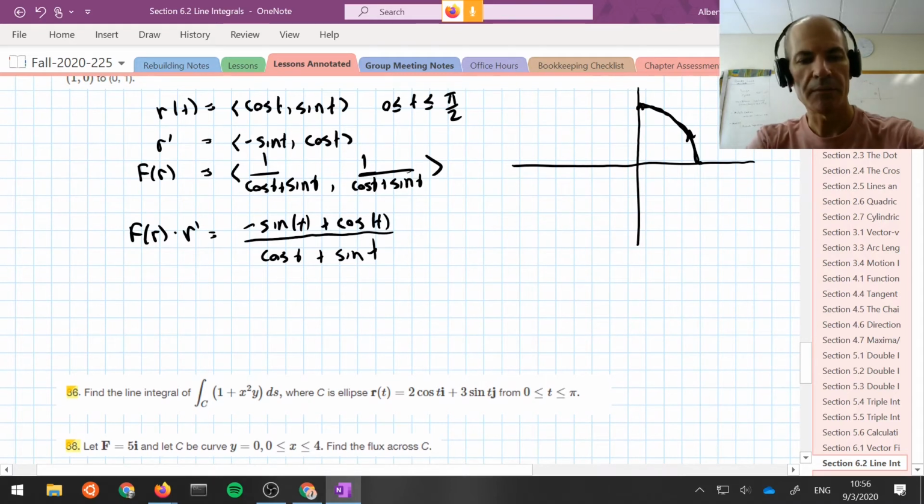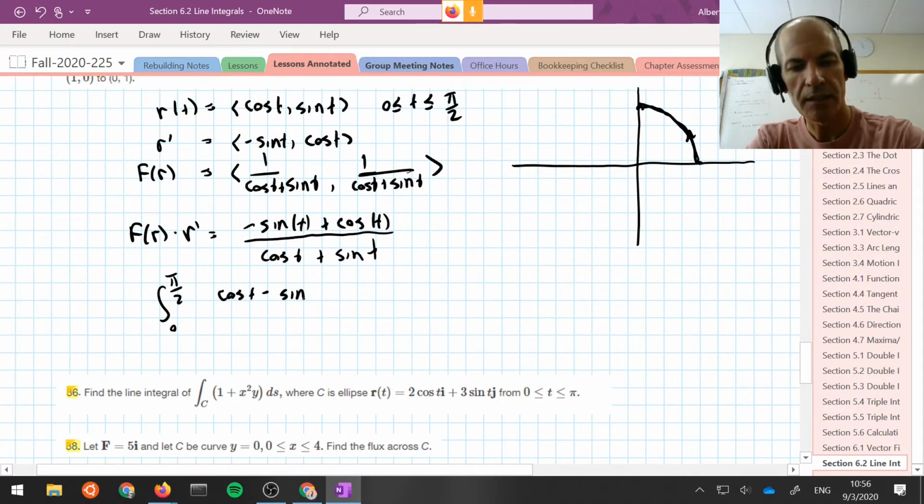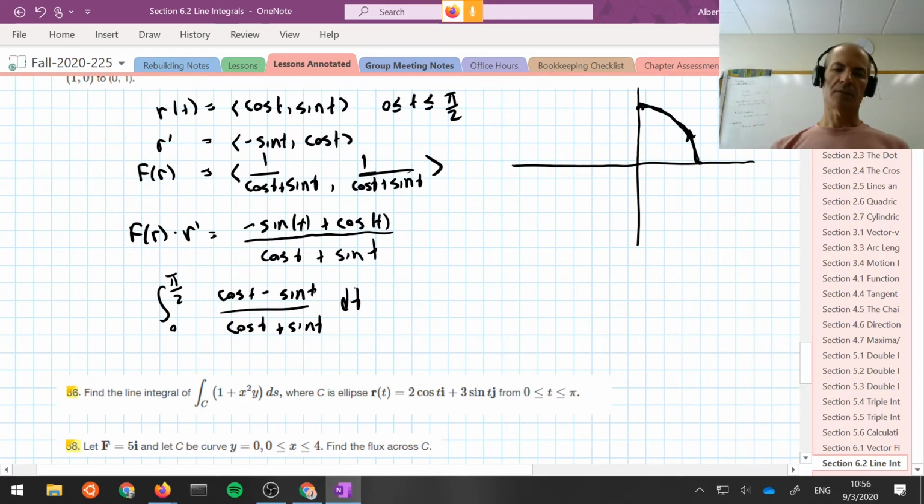All right, we're now ready to build the integral. This integral is the integral from 0 to pi over 2 of cosine of t minus sine of t over cosine of t plus sine of t dt. Now, you can't do this one by hand, or you might be able to, but it would take a lot of work.